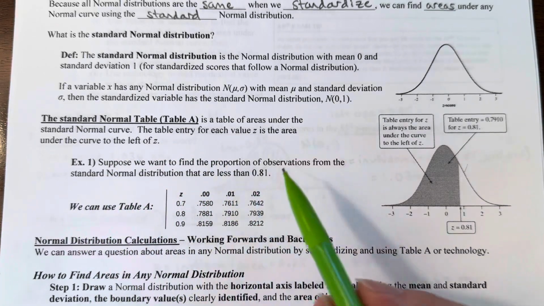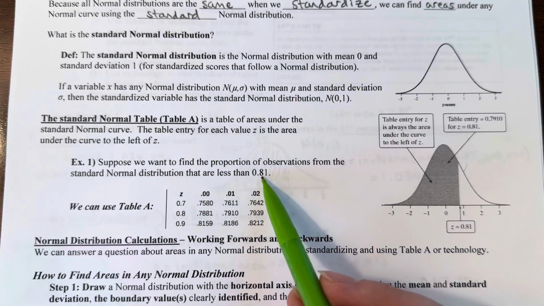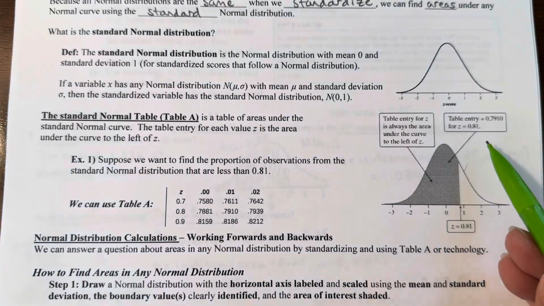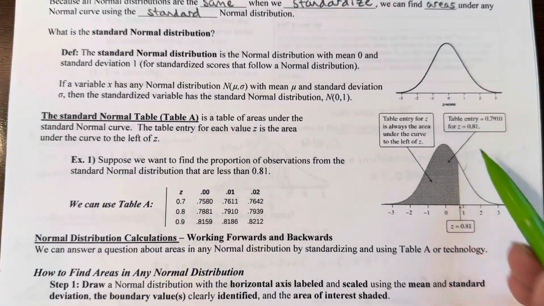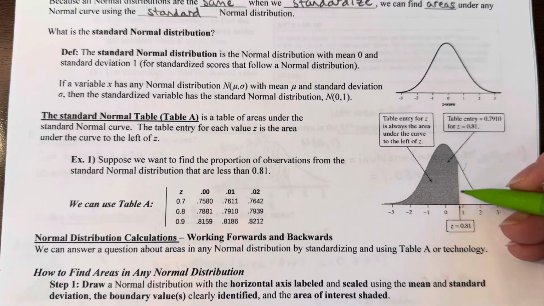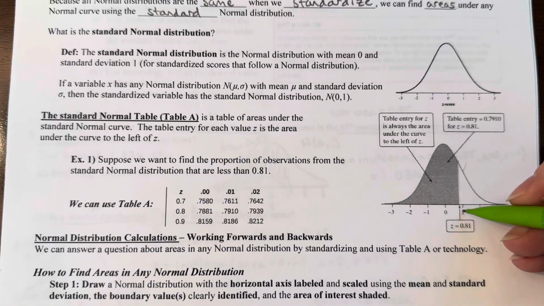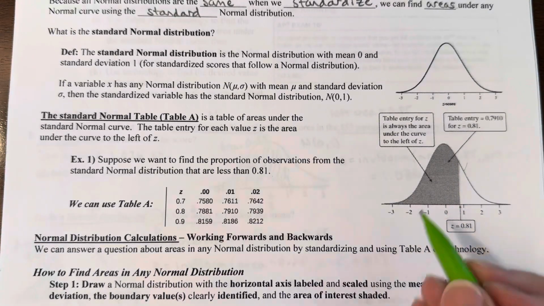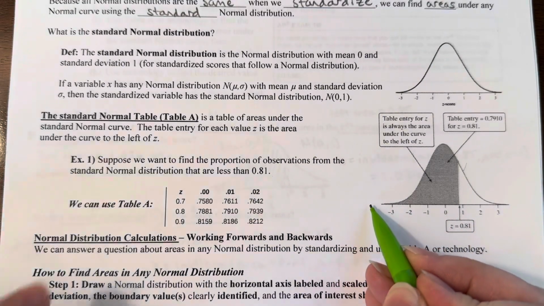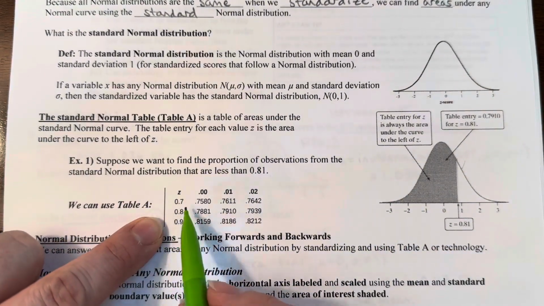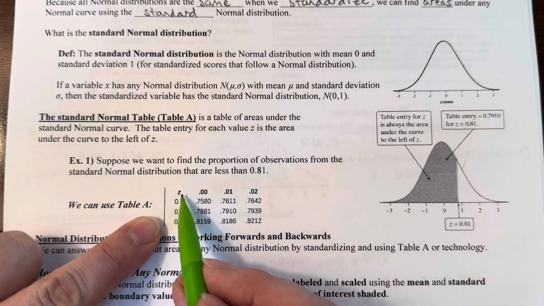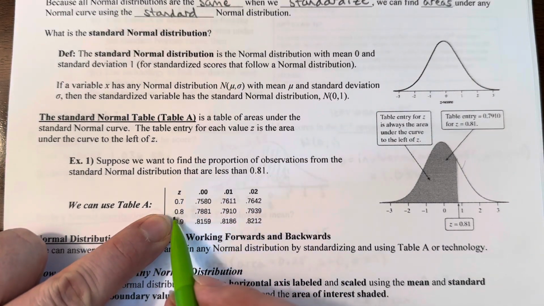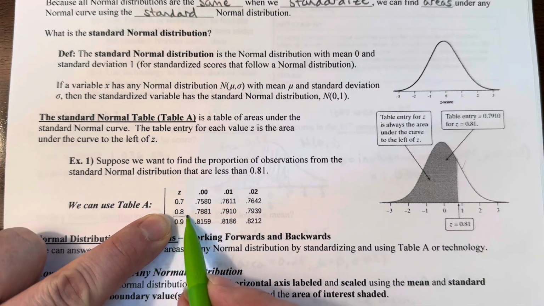All right, so suppose that we want to find the proportion of observations from the standard normal distribution that are less than 0.81. So 0.81 would be our z-score. That's the boundary cutoff on the right-hand side. That's our right boundary, or our upper boundary. And this area would be going off to negative infinity. We need to find the right boundary within our table. So we would go down to where z is 0.8.